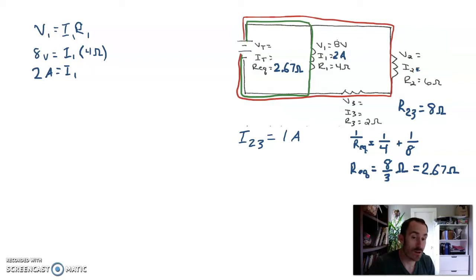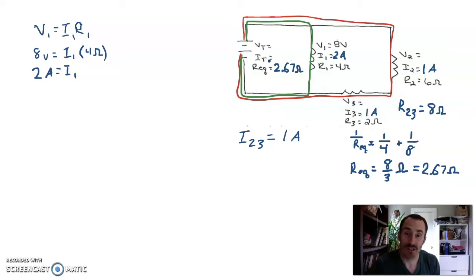Now, that means that the current traveling through resistor 2 is going to be 1 amp, and the current traveling through resistor 3 is going to be 1 amp, because any current that enters this branch has to go through both of those resistors. So I2 is going to be 1 amp, I3 is going to be 1 amp.